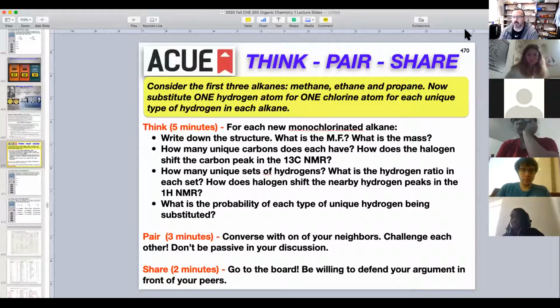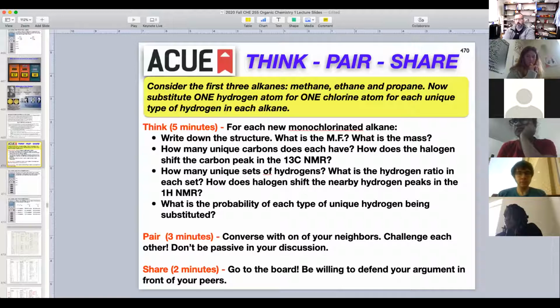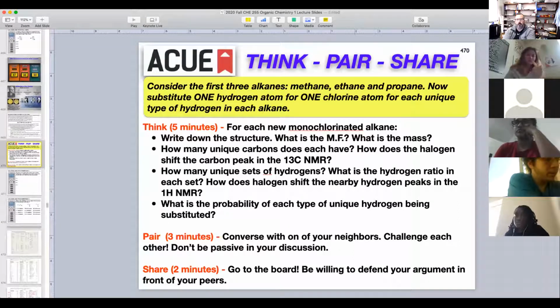Let's go ahead and get started. Can everyone see this slide that's presented now? It says think, pair, share. I want you to take a few minutes, and if you want, you can unmute yourself or type in the chat. Either way is fine. Consider the following prompt. Take the first 3 alkanes: methane, ethane, and propane.